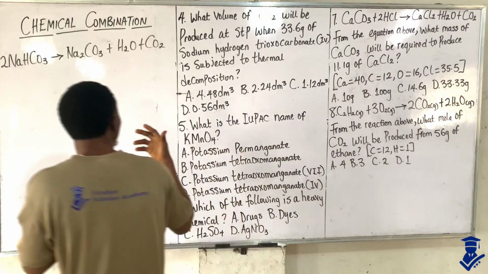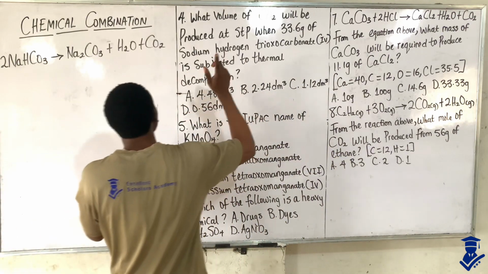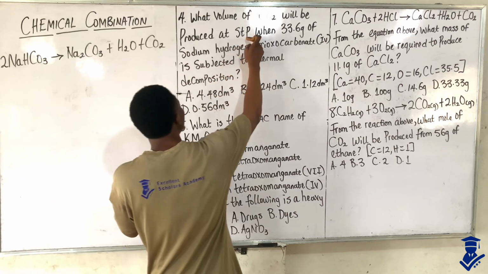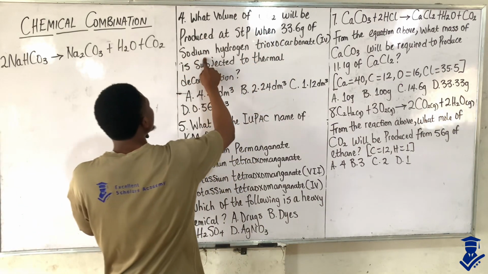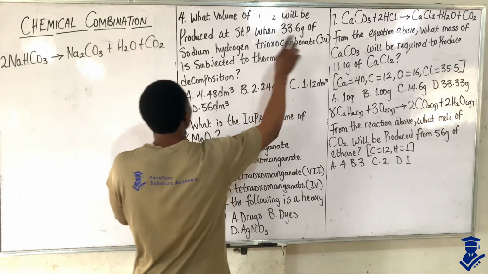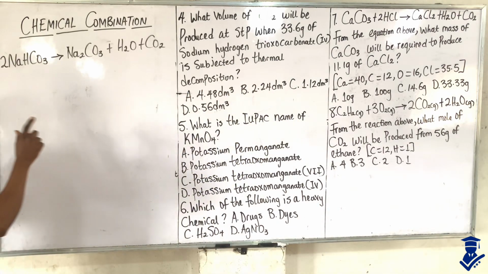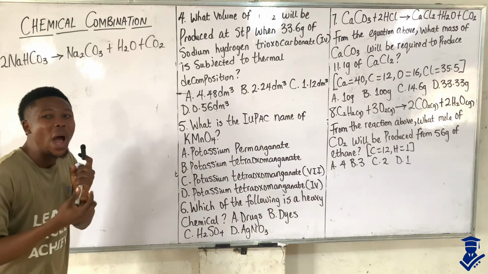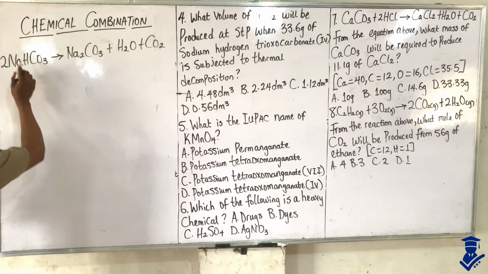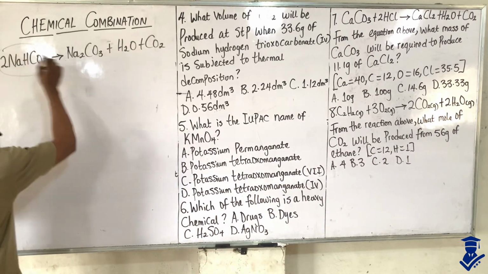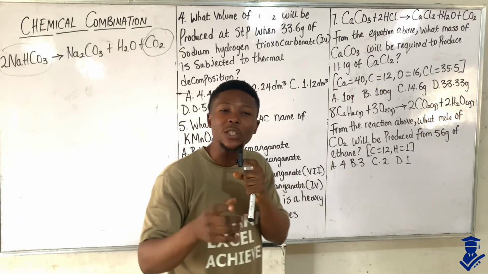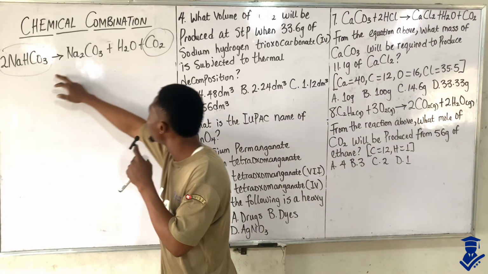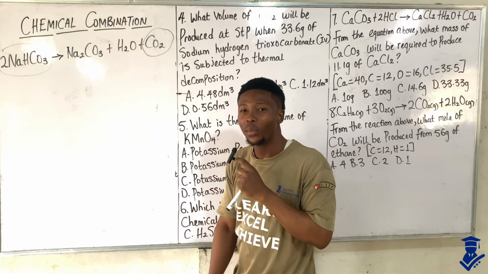Now the question says, what volume of CO2 will be produced at standard temperature and pressure when 33.6 grams of sodium hydrogen trioxocarbonate IV is subjected to thermal decomposition? So what we are focusing on is between this compound and CO2.